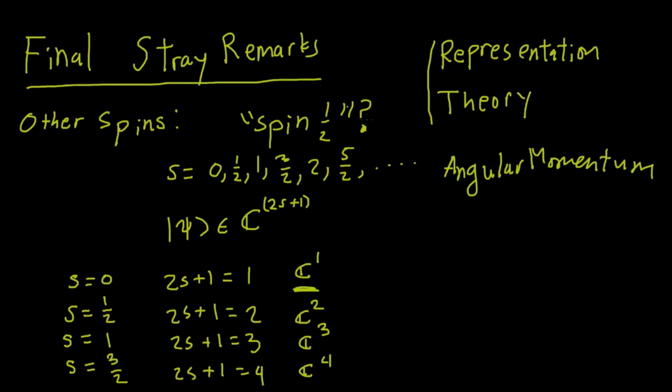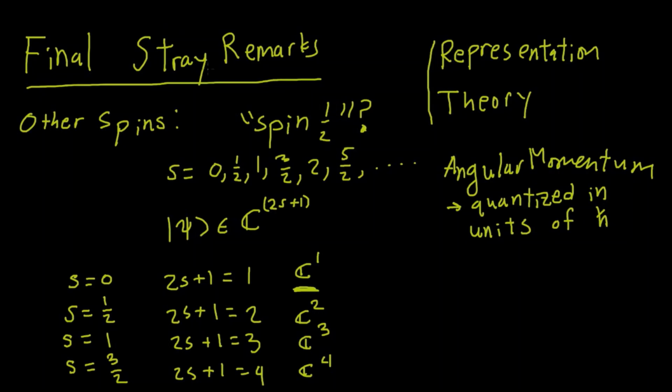So in quantum mechanics, angular momentum comes quantized in units of h bar. So what do I mean quantized in units of h bar? I mean that you can only measure the angular momentum of an object in integer multiples of h bar.